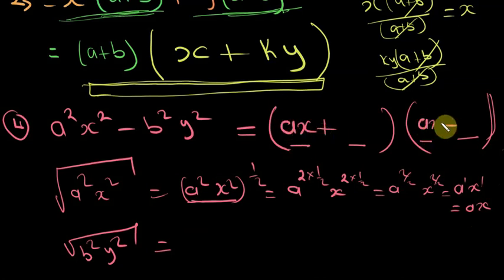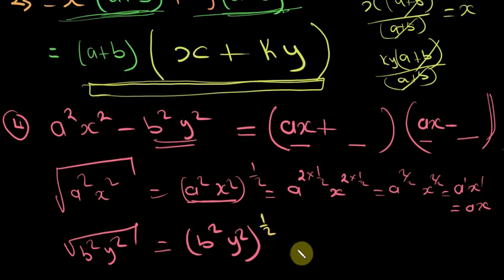and ax there. The next one follows: the square root of b squared y squared. Same story. That is the same as raised to the power 1 over 2, which is the same thing as b raised to the power 2 multiplied by the outside power, y squared multiplied by 1 over 2.